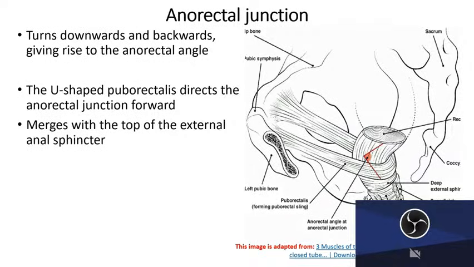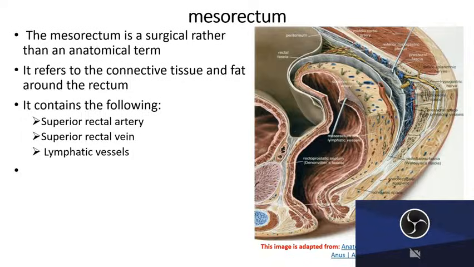And if you have followed up to this point, we said that at the commencement of the rectum, the mesentery will end with the lower border of the sigmoid colon.